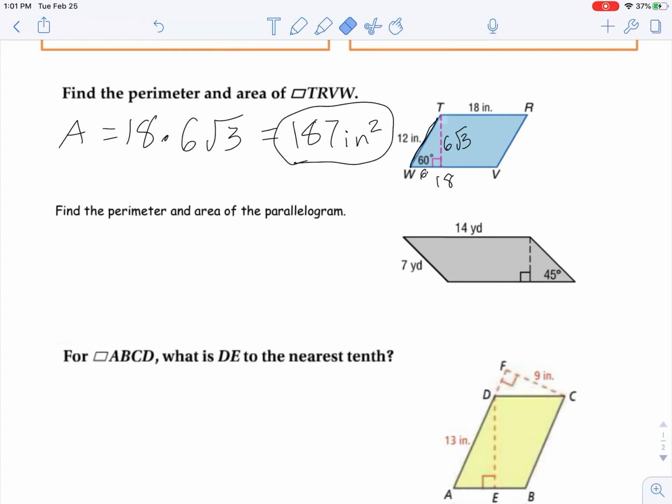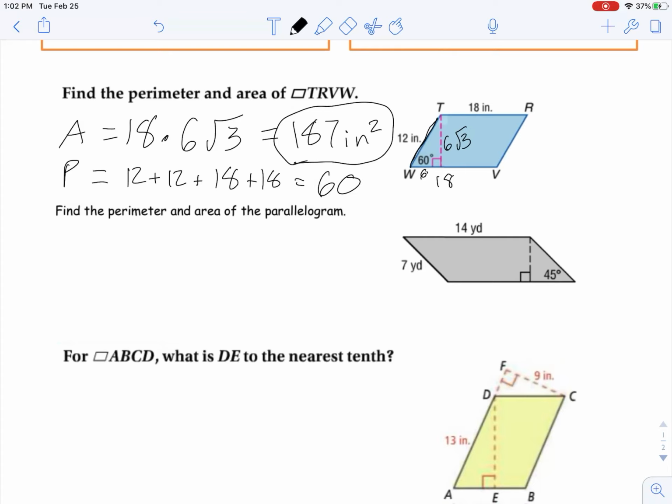I'm going to erase my formula here so I can do that down here. Perimeter, again, I think we've talked about this plenty already this year, is the outside lengths of all of our sides added together. So we'd have a 12 plus a 12 plus an 18 plus an 18, because opposite sides on a parallelogram are congruent.